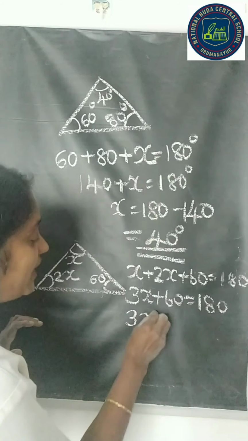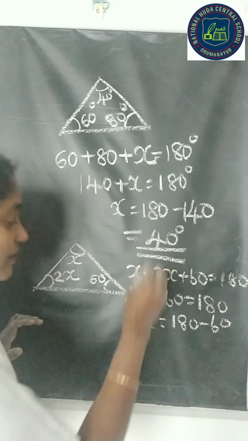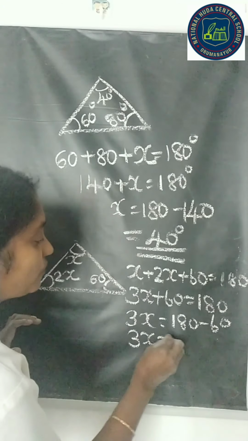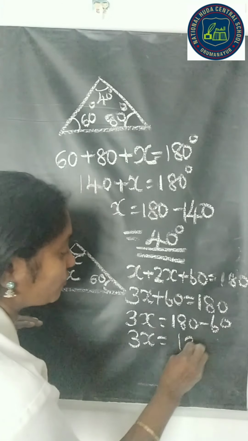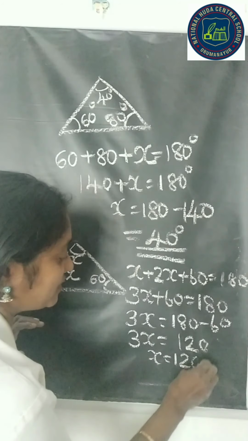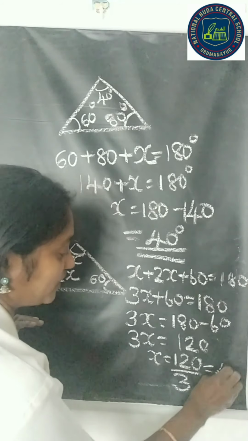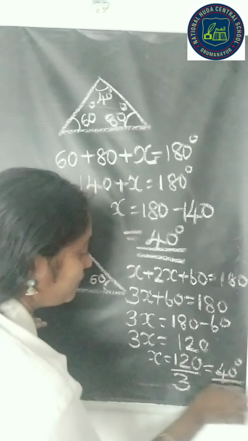Therefore, 3x is equal to 180 minus 60, which is 120. Therefore, x is equal to 120 divided by 3. That's equal to 40 degrees.